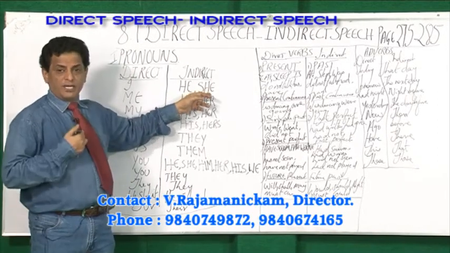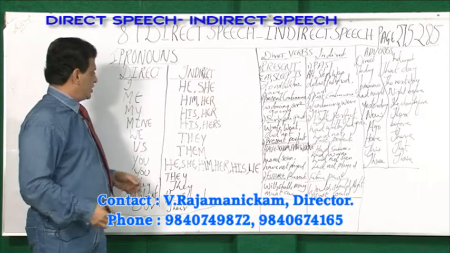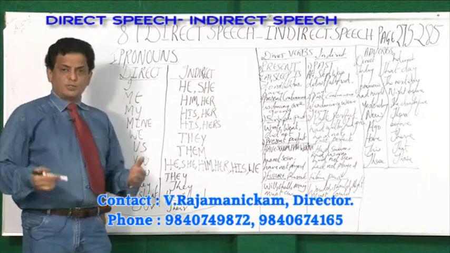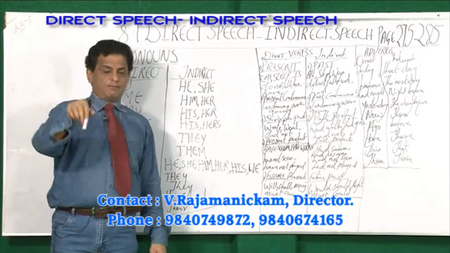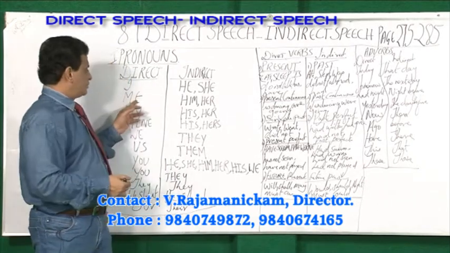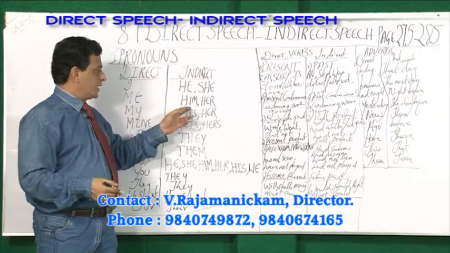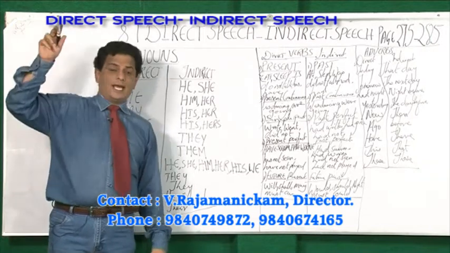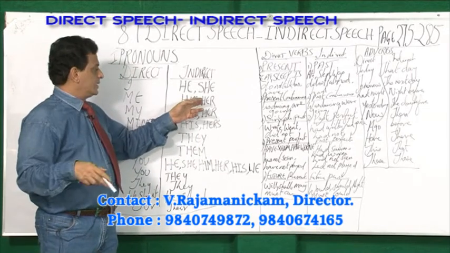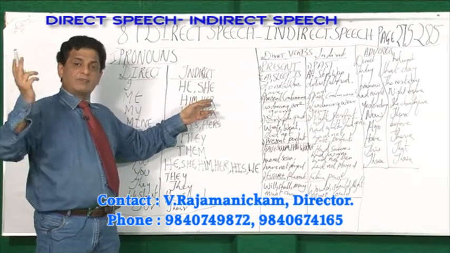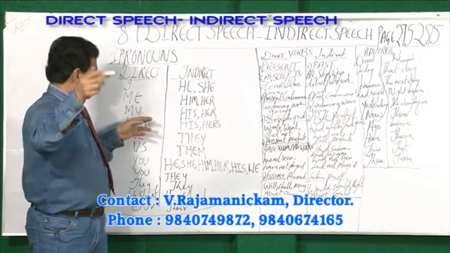If I am a female, you say she was a computer engineer. Me and him. Suppose I say, they gave me a present. In indirect speech, me is changed, and you go and say, they had given him a present. If it is a female, they had given her a present.